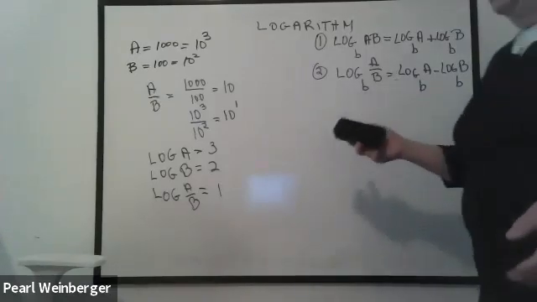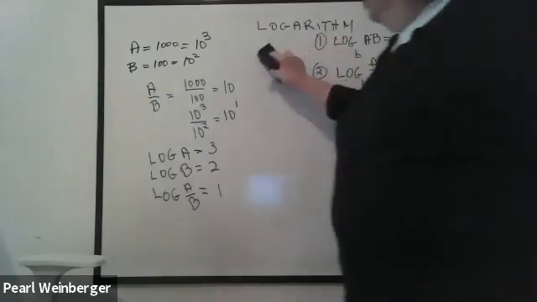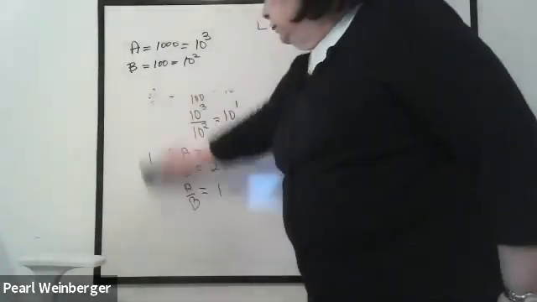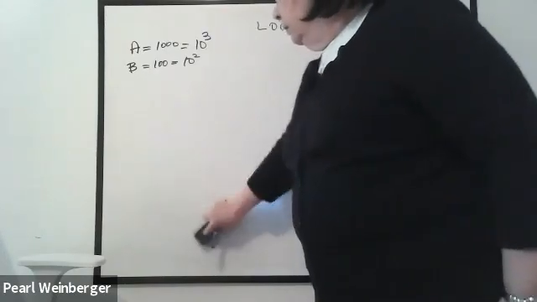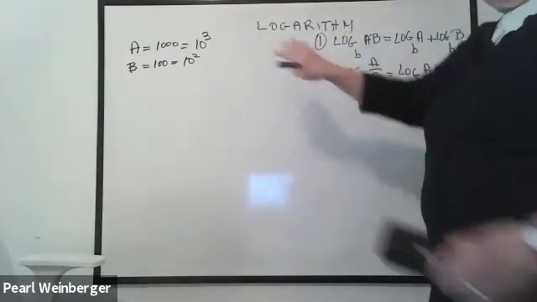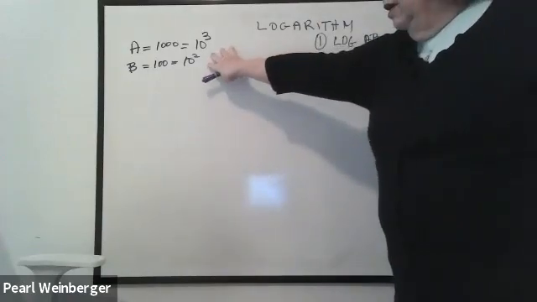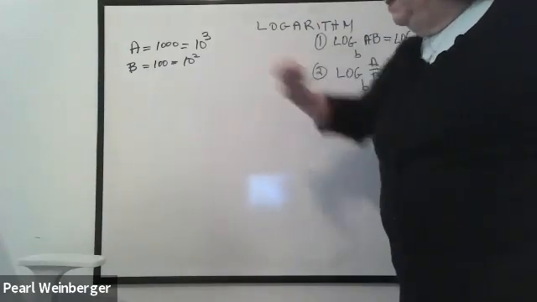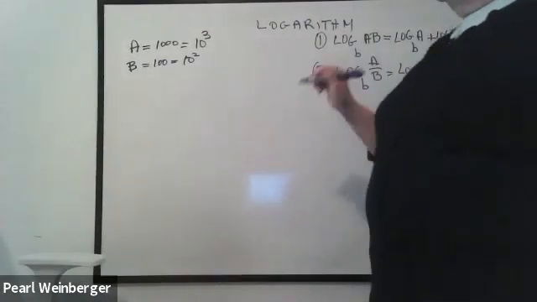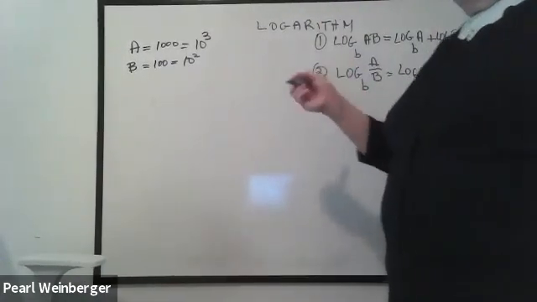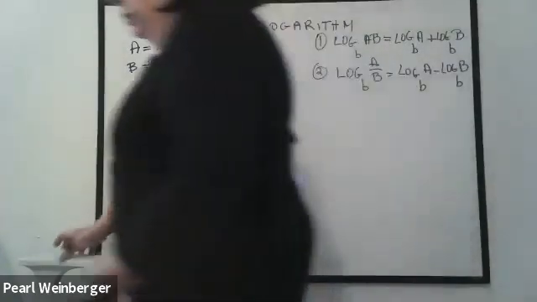Okay, now let's do another rule. So I'm giving them examples from this A and B, but then I'm giving the specific rules over here. The next rule has to do with exponents.